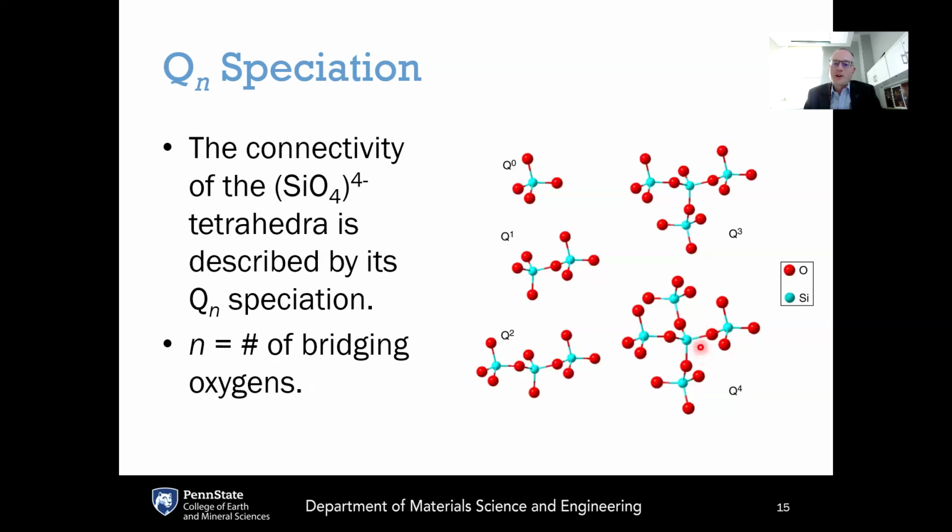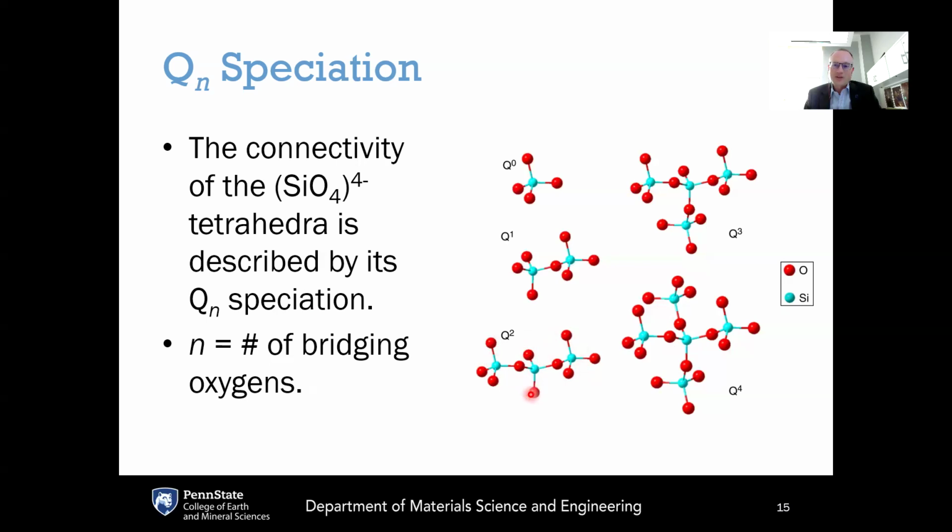When the first modifier is added, this breaks up one of the bridging oxygens, and the Q4 unit converts to a Q3 unit, where now the central tetrahedron is only bonded to 3 neighboring tetrahedra. If you continue to add modifiers, that would create a second non-bridging oxygen on that central tetrahedron, and that converts the Q3 unit to a Q2 unit.